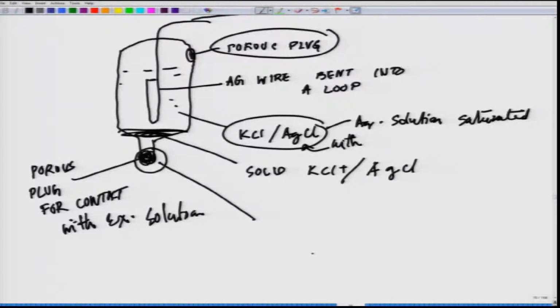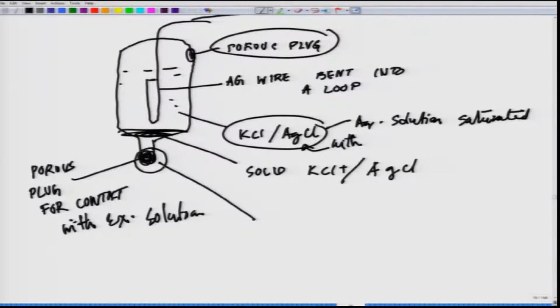Some designs incorporate free flowing capillaries in place of the porous plug. Other designs allow you to force fresh solution from the electrode through the electrode analyte junction prior to the measurements. So, mostly these are double junction reference electrodes, where you have an inner electrode and an outer electrode, and the solution of the outer compartment is compatible with the analyte solution. Say for example, if you do not want chloride to contact the analyte, the outer electrode can be filled with KNO3 solution, and the inner and outer solutions slowly mix.